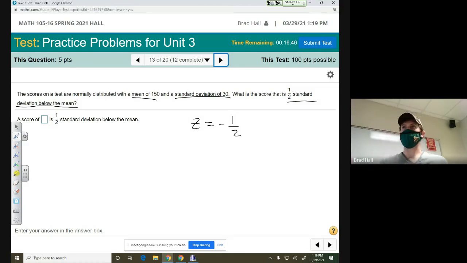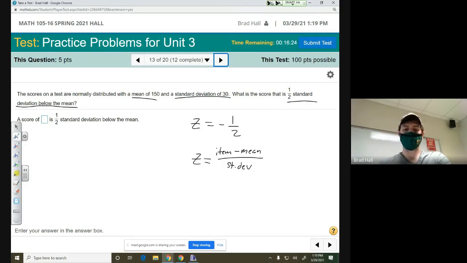So we have the z-score, which means we want to know the original data value that corresponds to that. Now the formula in general is the item minus mean over the standard deviation. So we know the z-score, we know the mean, we know the standard deviation.